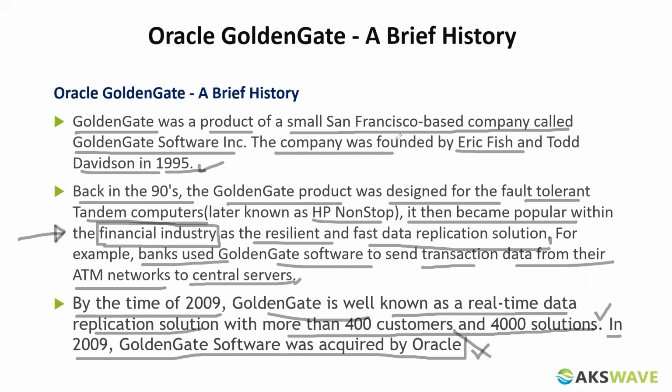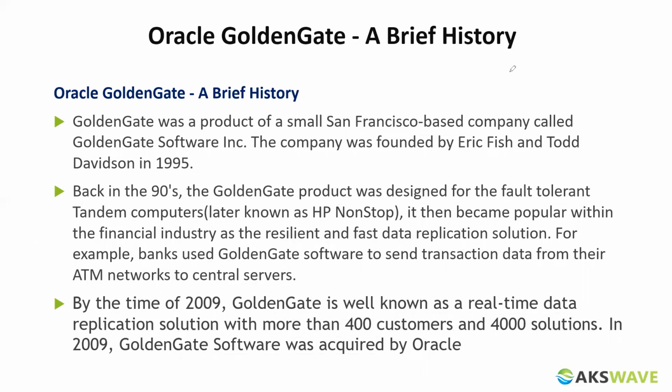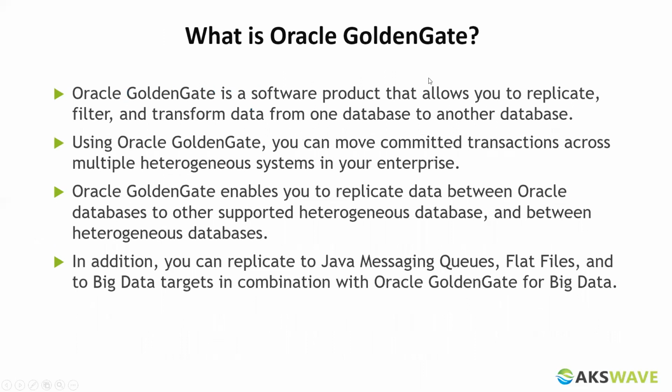But not by this time. That was a report up to 2017, and now it's already another 3 years. Obviously, I think there might be more and more customers that Oracle has got. Clear?